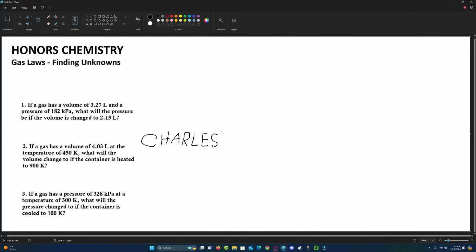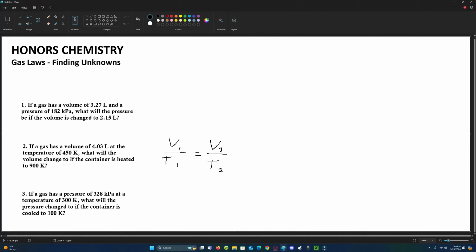And the equation for Charles' law is V1 over T1 is equal to V2 over T2.